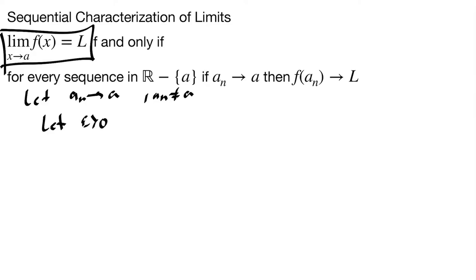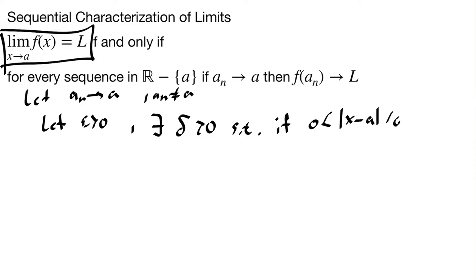And then because we're dealing with this limit, we know that there exists a delta greater than 0 such that if |x − a| < delta, then |f(x) − L| < epsilon. Now all I have to do is make sure that my a_n's are small enough that they fit within delta.